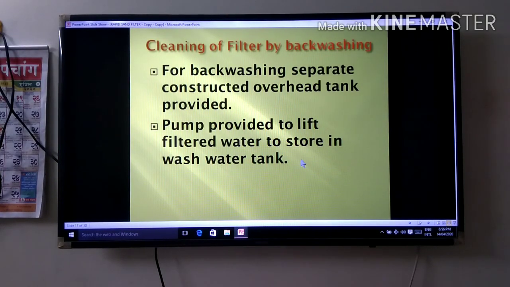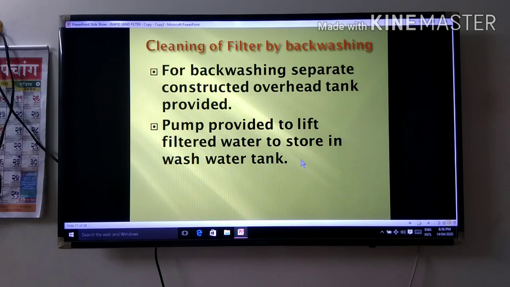For backwashing, a separately constructed overhead tank is provided. You already see in the figure, valve number 6 is related with the backwashing process. After that, a pump is provided to lift filtered water to store in the wash water tank.